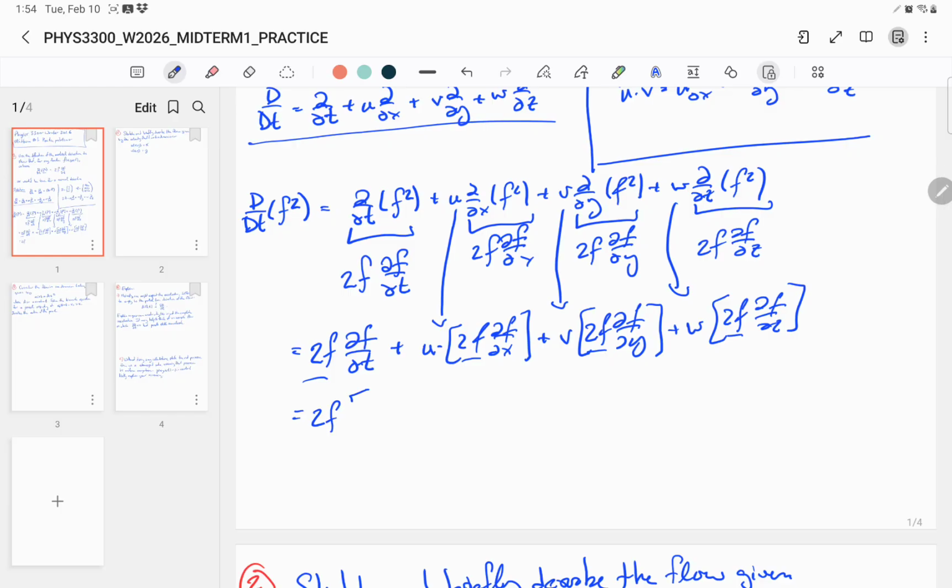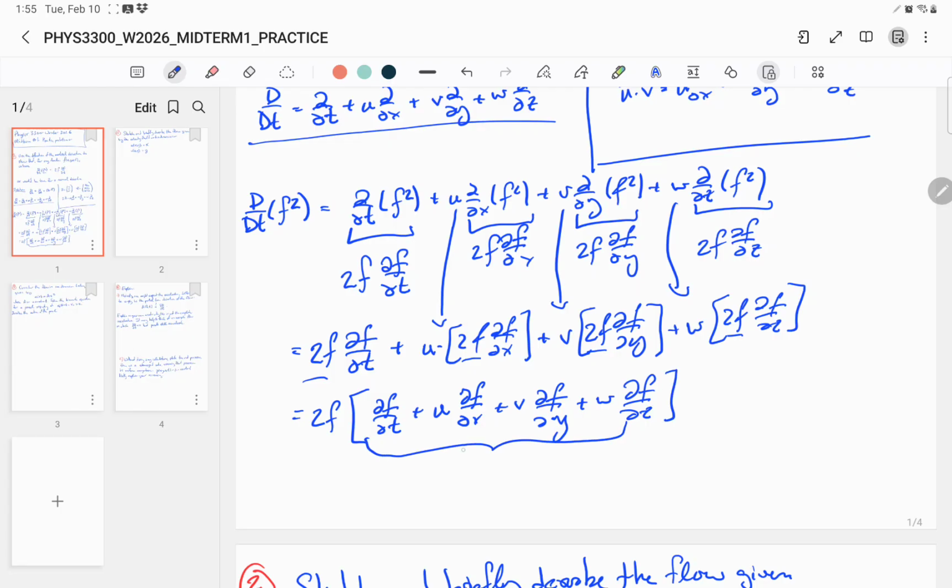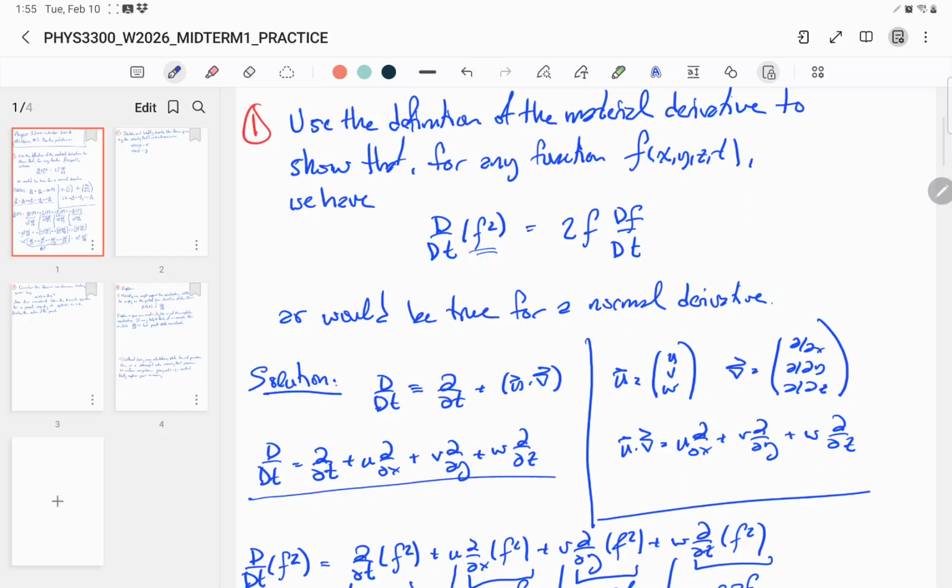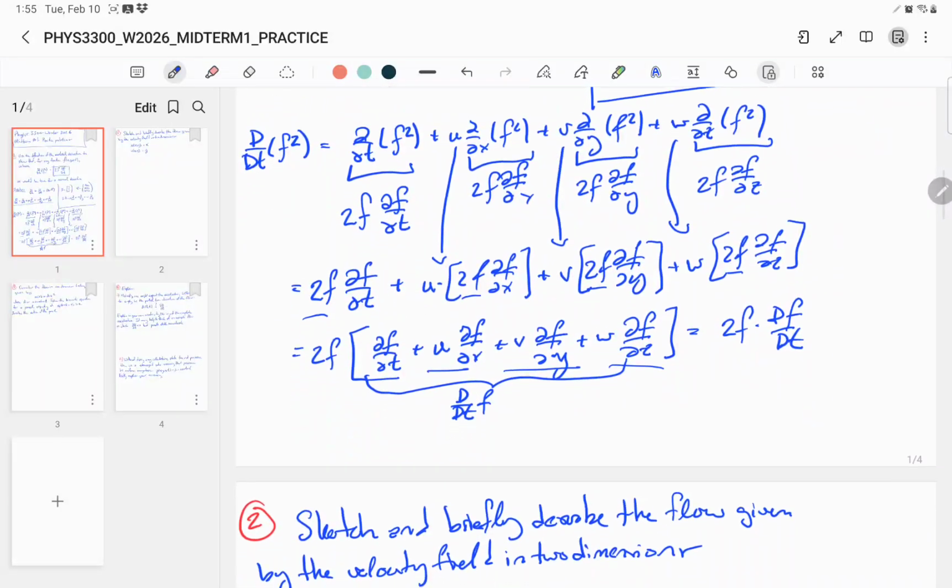So we can write this as 2f outside of partial f partial t plus u partial f partial x plus v partial f partial y plus w partial f partial z. Now this whole thing here we can recognize as the material derivative of f, because we have the partial time derivative term, and then we have the 3 coordinate derivative terms. So this equals 2 times f times Df/Dt, and scrolling up, that's exactly what we wanted.